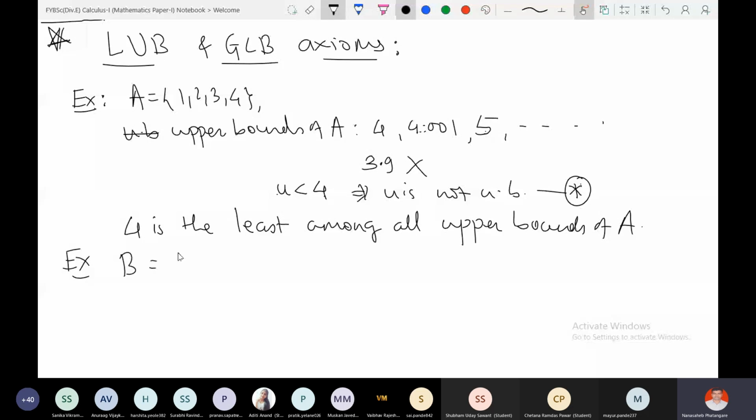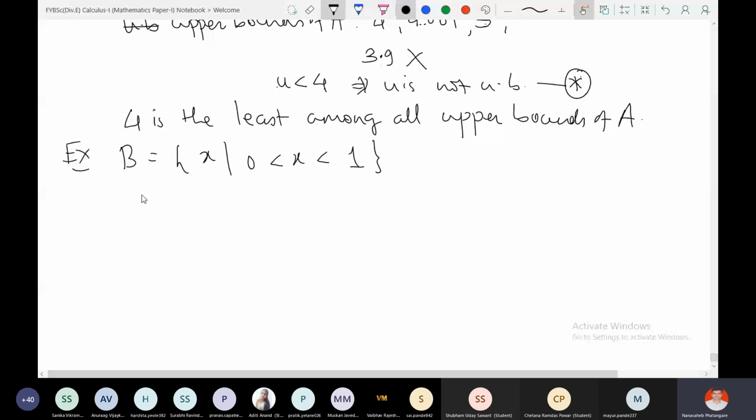Set B, x such that 0 less than x less than 1. So if you look at u equal to 1, and 1.001, 1.5, you choose all the possible numbers.